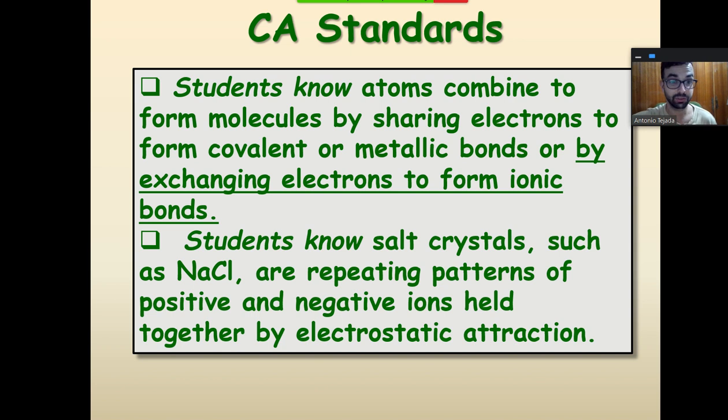They also need to know that salt crystals, such as common salt, are repeating patterns of positive and negative ions held together by electrostatic attraction, which is a very good example of an ionic bond.